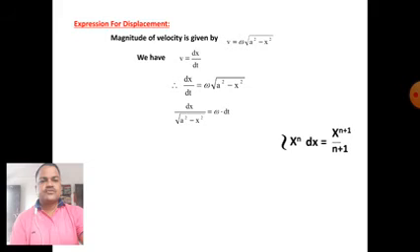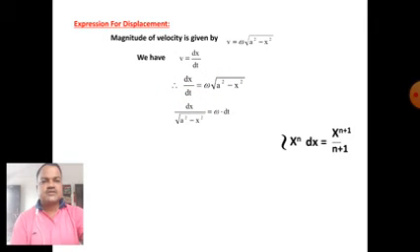So we get dx divided by square root of a square minus x square, equal to omega dt, which is the cross multiplication rule of mathematics.